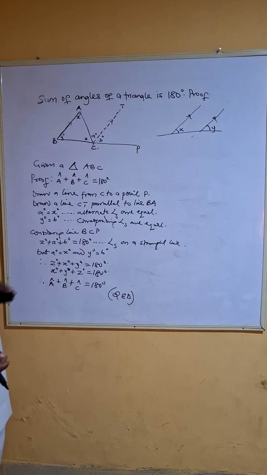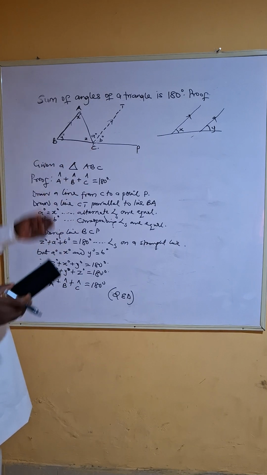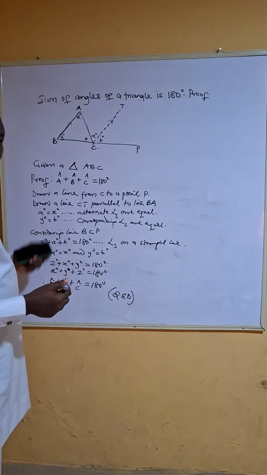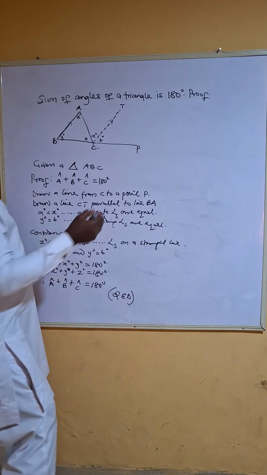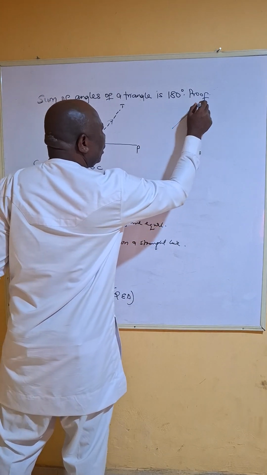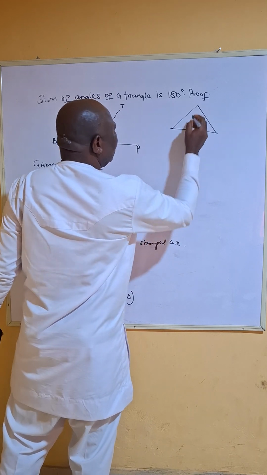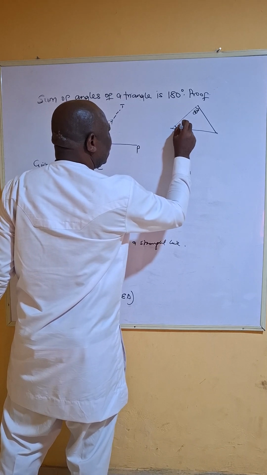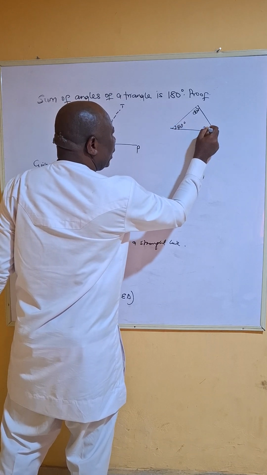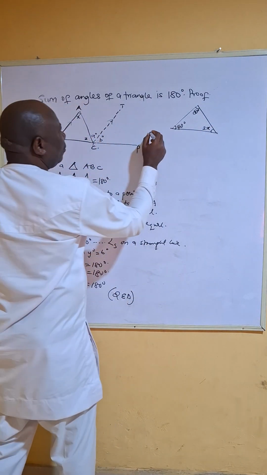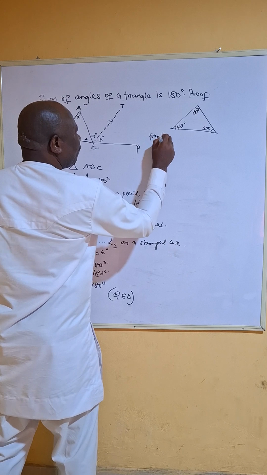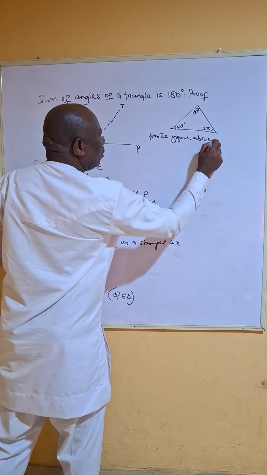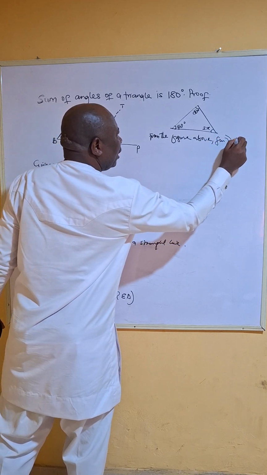Okay. Now, having studied this, let us look at this question together. Let's also assume that we are asked to find the value of x. Let's assume that this one is 80 degrees, this one is 40 degrees, and this one is 2x. From the figure above, find x.